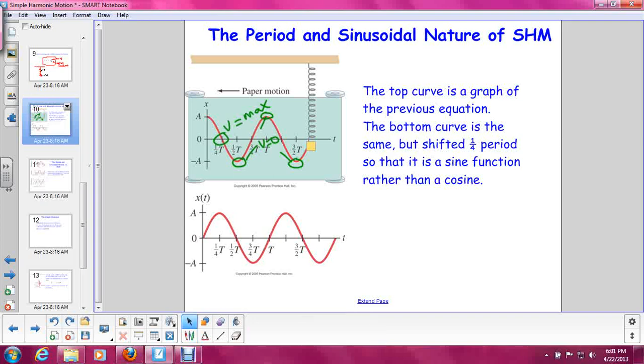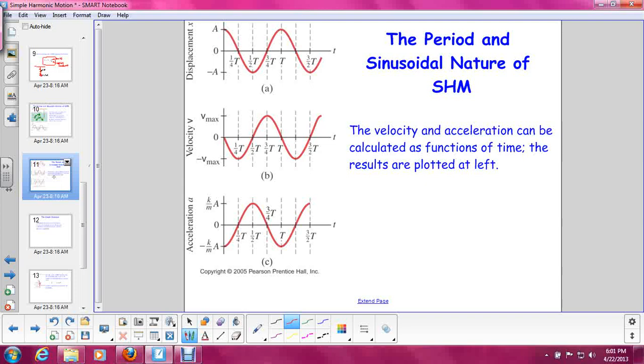Now, if we look at these two graphs, we can actually see that happen. So this graph is of displacement, and this graph is of velocity. And if I were to draw a straight line from where the displacement is at equilibrium, I would see velocity is at a maximum. It is the farthest away from that zero line as it can be.